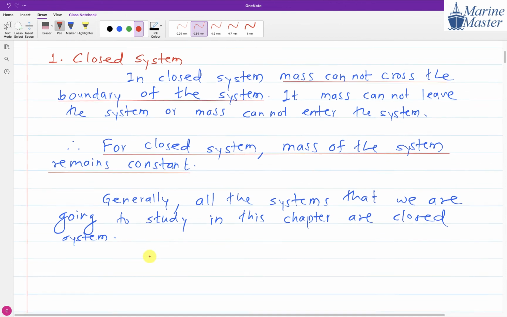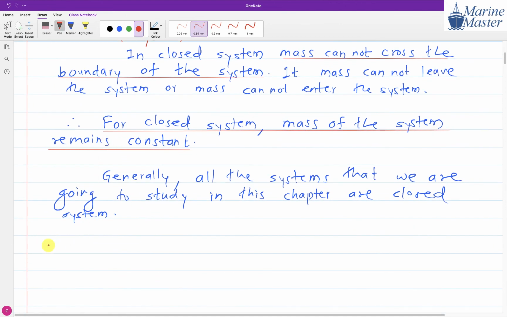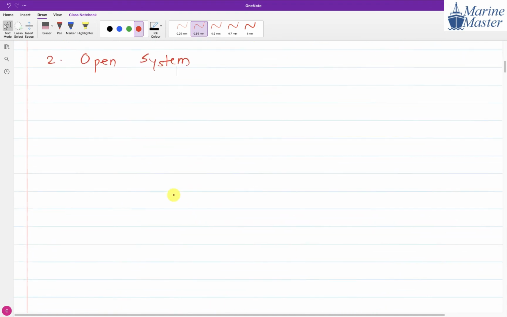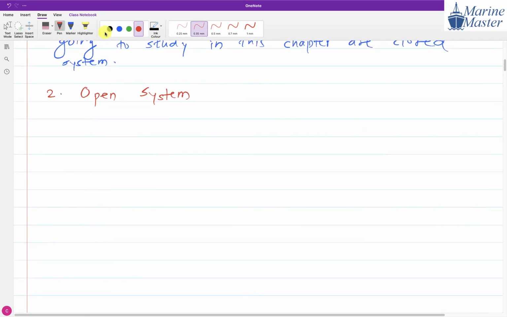Now the second type of system is what? Open system. Now in open system, what is going to happen? Mass may enter inside.